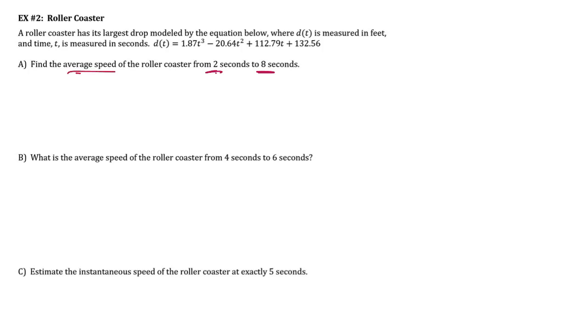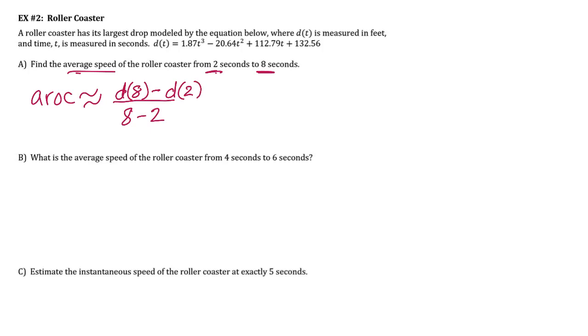Okay, so with your average speed, notice that here we're going to look at that time frame. So let's see if we can't set up our quotient. The average rate of change is approximately... I know that the denominator is going to be 8 minus 2, isn't it? That's going to be the duration of your time. So now look at the numerator. That's going to be your distance at 8 minus your distance at 2.